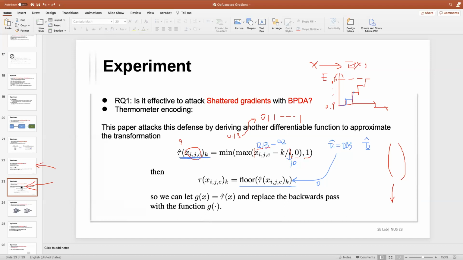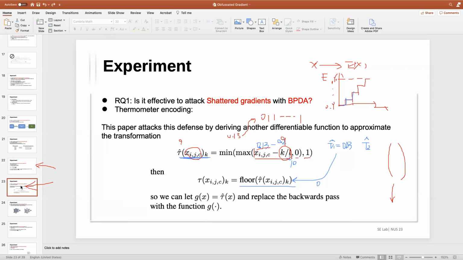Oh, this is the original screenshot that I took from the paper. Okay, so it is just minus. Suppose in the extreme case the k is 9 or 10. Suppose it's 10, these will be negative values, and all the rest will be 0.